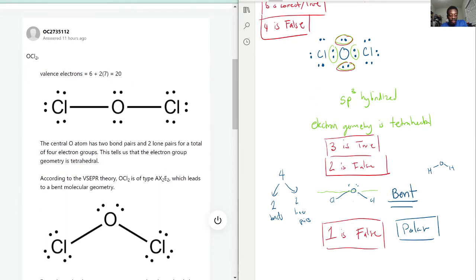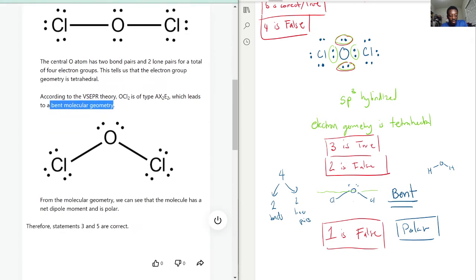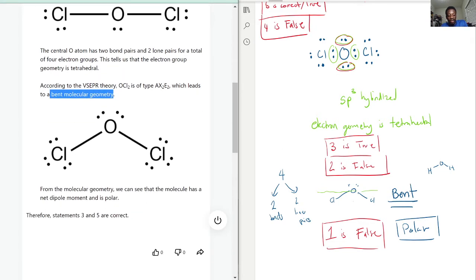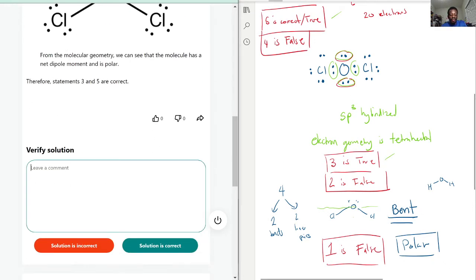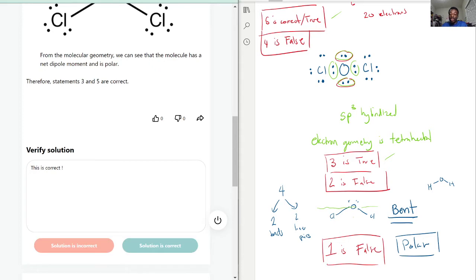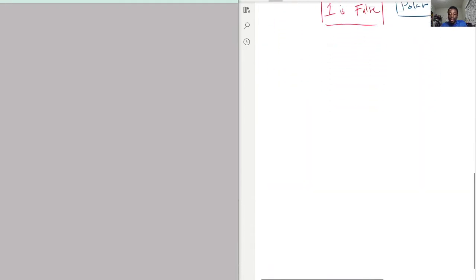Based on that, they show that it's bent molecular geometry. Because of that, it's net dipole moment, and it is indeed polar. So as you can say, statements 3 and 5 are correct. As we see here, we only got 5 and 3. The rest of them were false. So yeah, this is correct. And now we can move on to the next question for today.